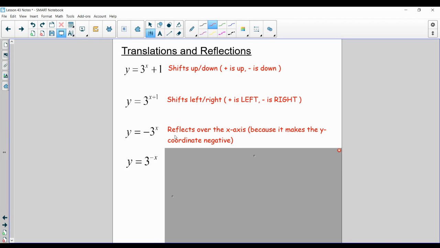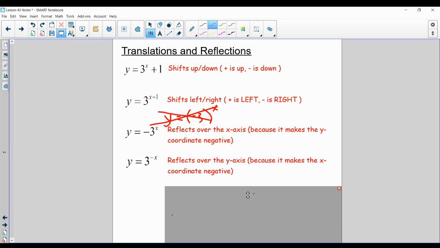That will reflect it over the x-axis. So there is a difference between these two things, all right? If you multiply your exponent, that will reflect it over the y.